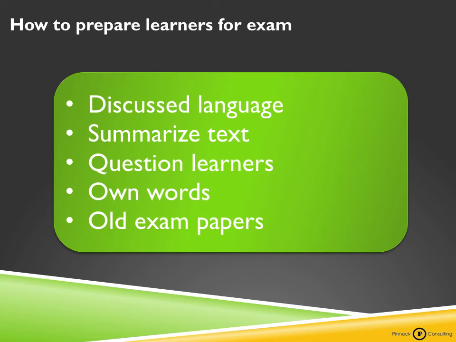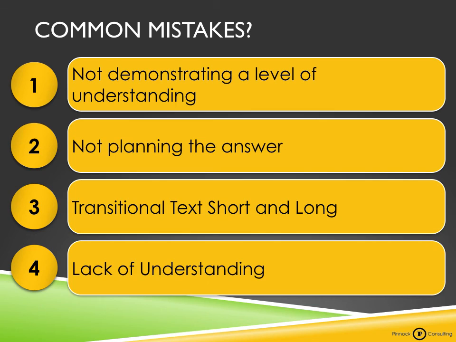Insist that when the learners are answering questions, they use their own words. And then give the learners old exam papers so they can get used to the format and learn how to follow instructions. So these four common mistakes, if we use them in our teaching and we guide the learners, it really will improve how they answer the papers and improve the results that they should achieve.